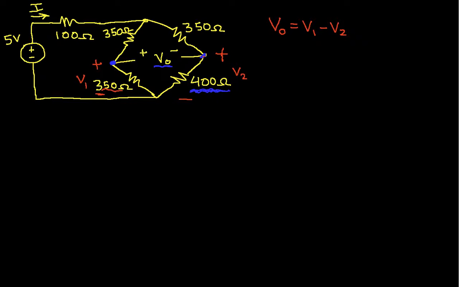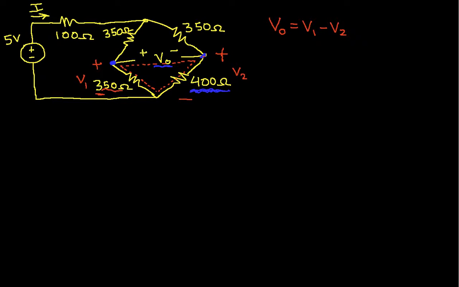How do I justify that claim? Well, I can apply Kirchhoff's voltage law, starting here, for example, going across this gap to pick up V0, and I'm going plus to minus, so that gives me V0. Then down this resistor, that gives me V2, so I have V0 plus V2. Then up this resistor, I'm going from minus to plus, minus V1.